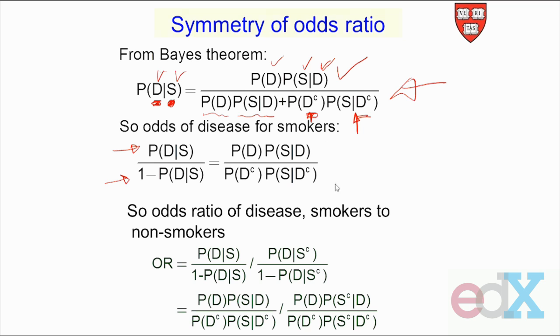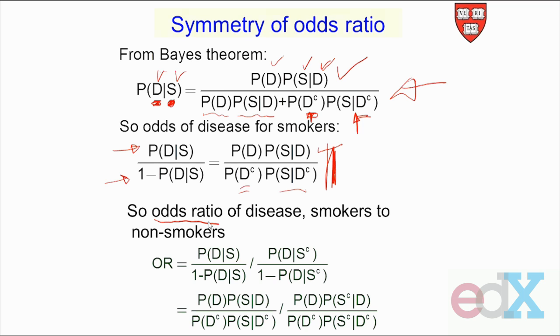Things cancel out so that you're left with this rather nice situation here. The probability of the disease times the probability of being a smoker, given that you have the disease, divided by the probability of not having the disease, times the probability of smoking, given that you don't have the disease. So, the odds ratio. Now, look at the odds ratio.